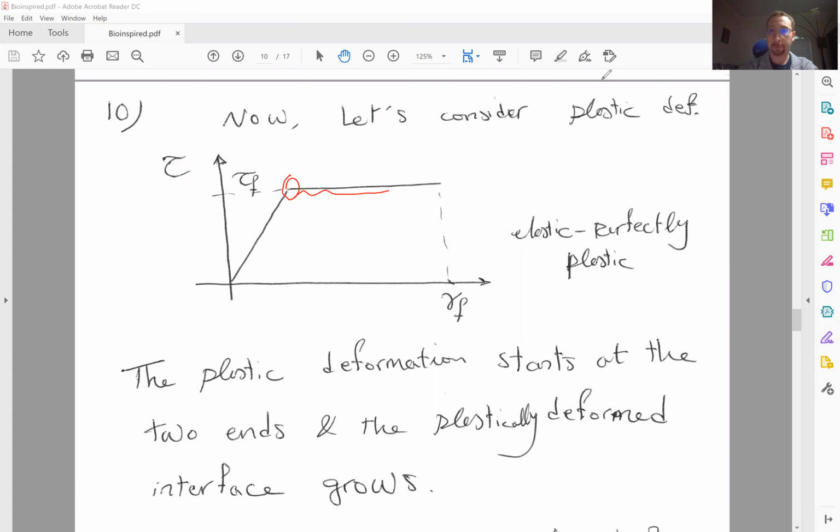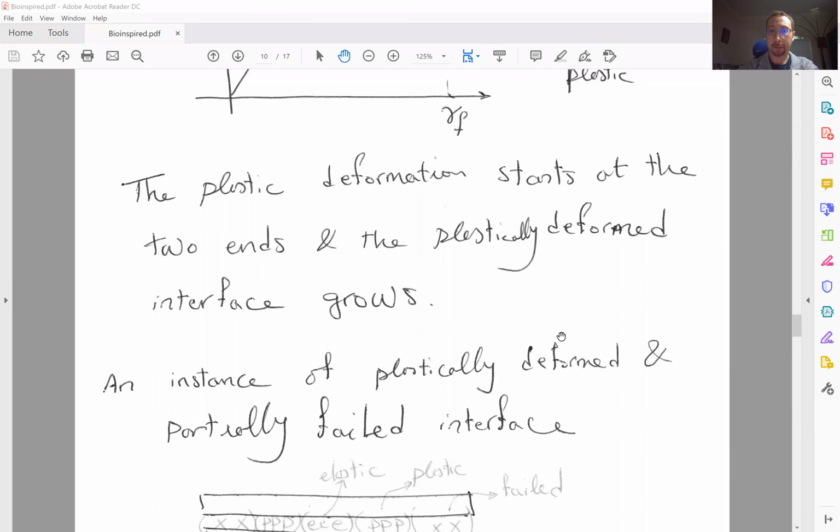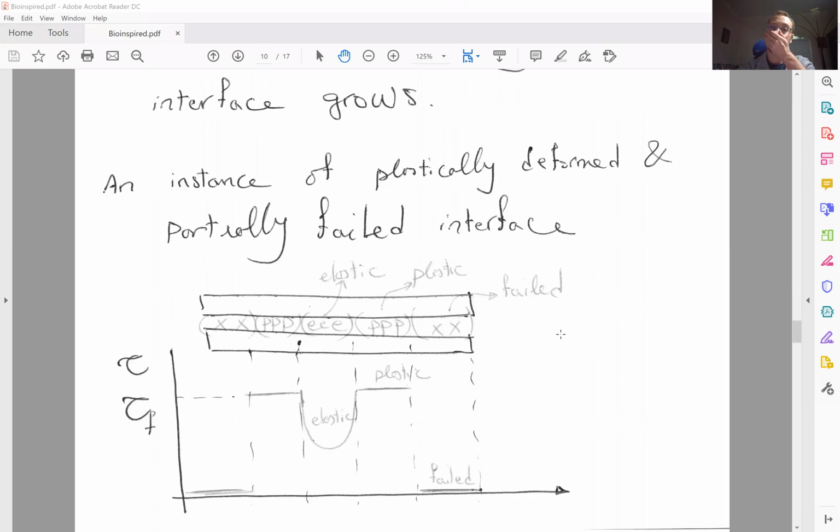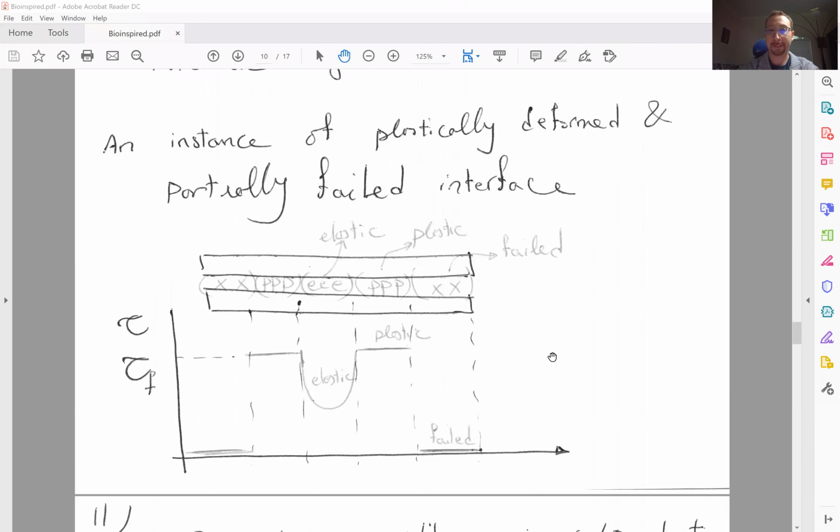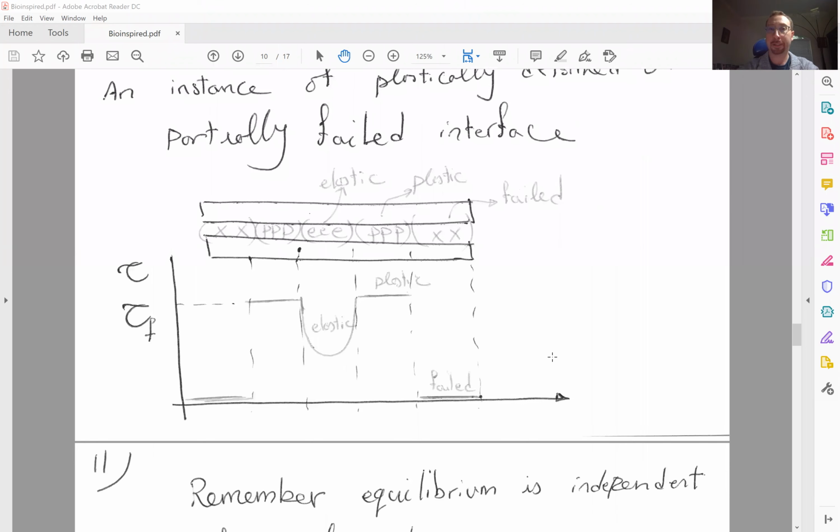For us to understand what is going on here, we have to look at the regions between the brick and the mortar. This is a drawing that I put for you of the bricks, this one, and the mortar that is in between them.